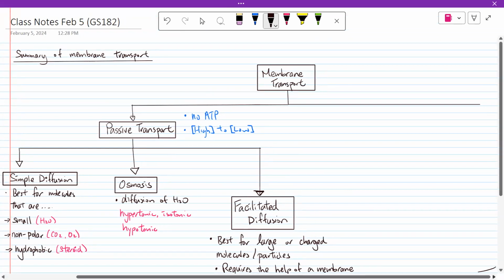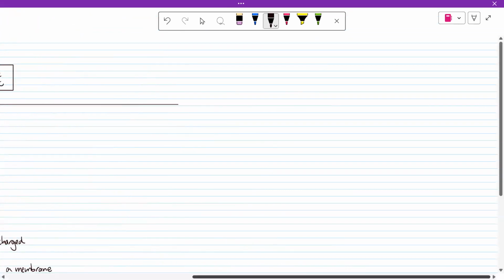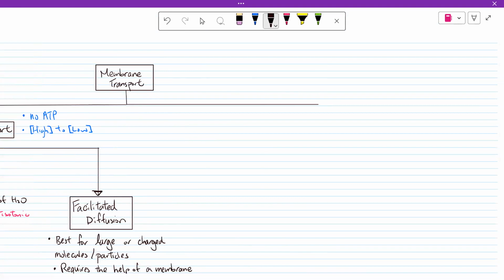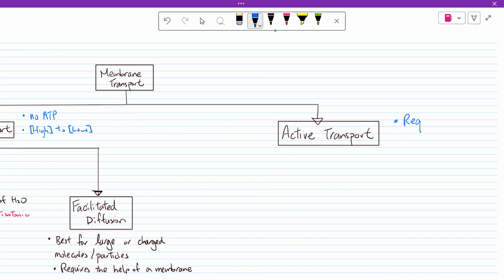All right, so we're going to go back to here, and we're going to have active transport now, right? Active transport, which requires ATP, and this is going from low concentration to high concentration.